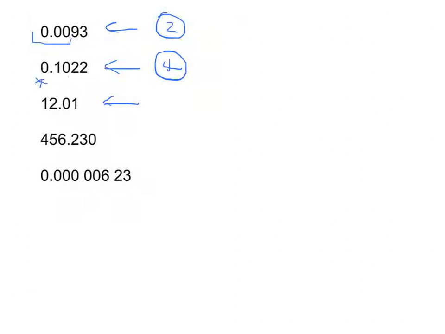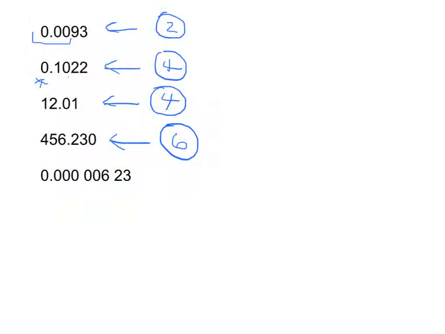How about the next one? I'll let you do it. It has 4 significant figures because the captive zero does count. How many does this one have? It has 6 because this trailing zero does count. 1, 2, 3, 4, 5, 6.